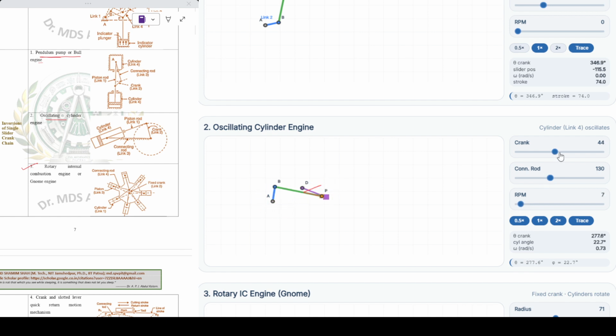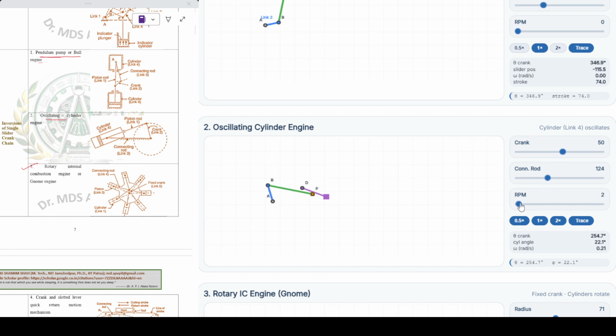What is the crank? This blue line is our link. This length I am increasing, make it 0. So this blue line length I am increasing or decreasing. Decreasing the blue line crank length, increasing the crank length. Connecting rod is which one? The green one. This one is the crank.